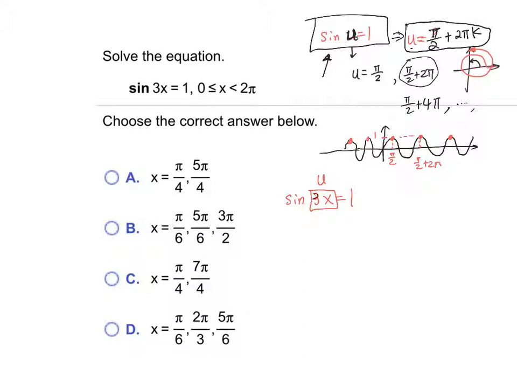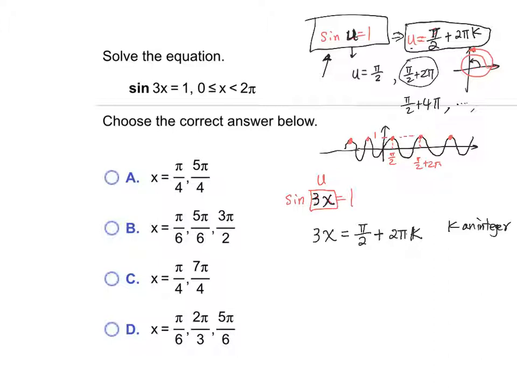U is actually the 3x right here. So because of that, sine 3x equals 1 means that 3x, which is my u, should be equal to pi over 2 plus multiples of 2 pi, right? 2 pi k, where k is an arbitrary integer.